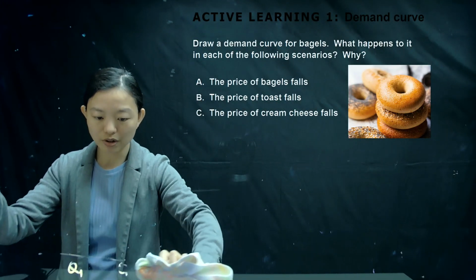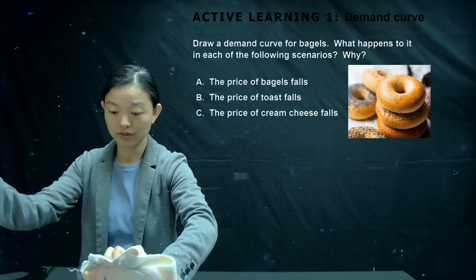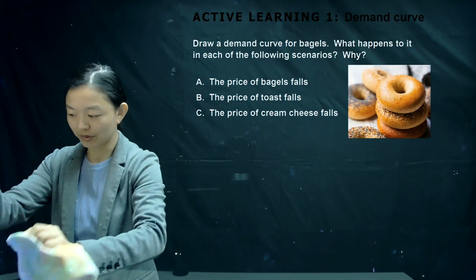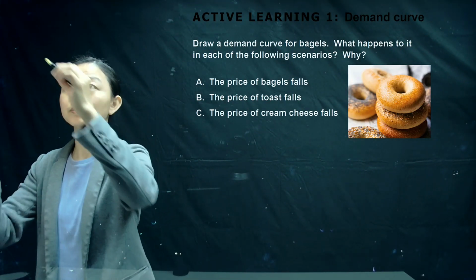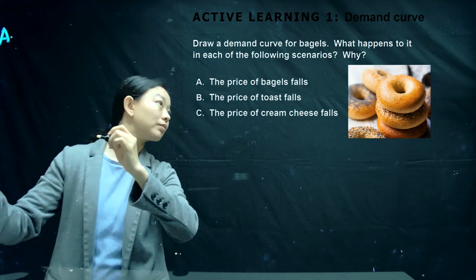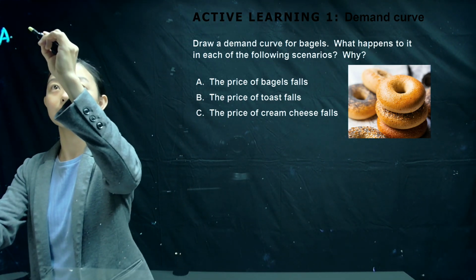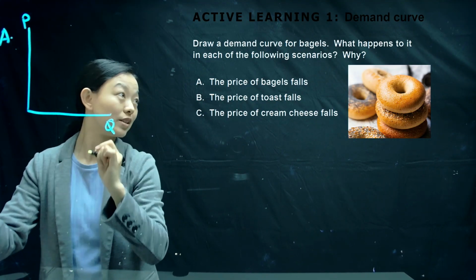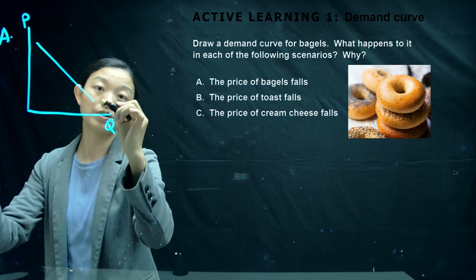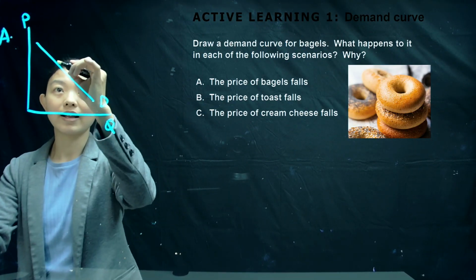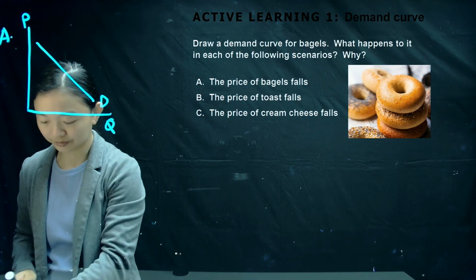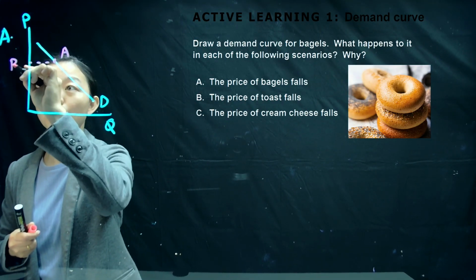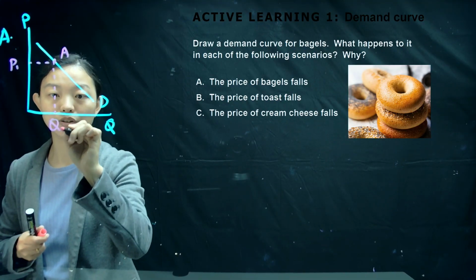The first one, bagel's price decrease. So what we need to do first is to draw a demand curve for bagel, okay? I put a price here, I put a quantity here. Demand curve for bagel, downward sloping, right? And then I can mark one point. Point A, the price P1, the quantity demanded Q1.